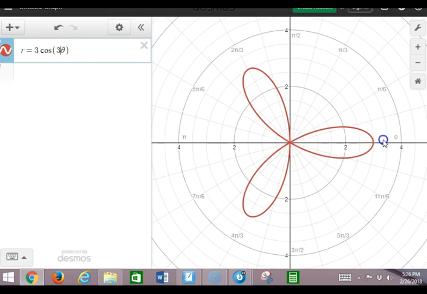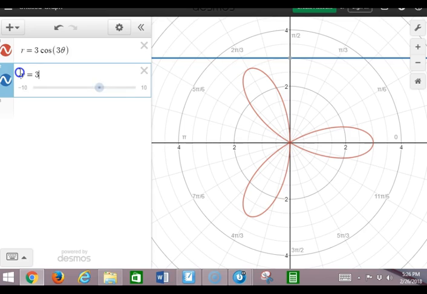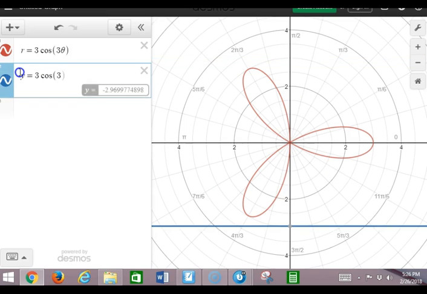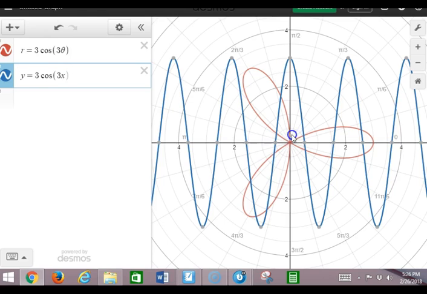We always have a petal that's at 0 because the cosine graph, if we look at just the rectangular form, y equals 3 cosine of 3x here, okay? Notice 0, 3 is a point on that graph, so this is going to have a point at 3, 0 in the polar form. So we always start up high at 0 degrees on our rectangular graph.